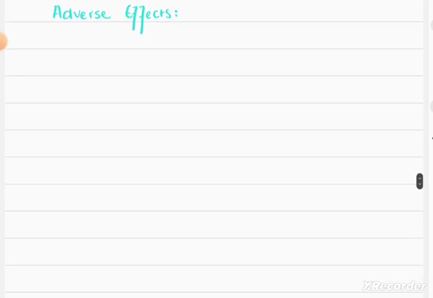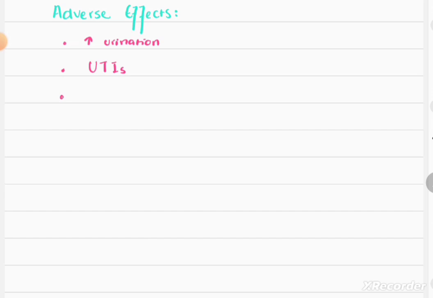As we have studied, they will increase the excretion of glucose, so there will be increased urination. This is the first side effect, and we can understand it by the mechanism of action. It also increases the rate of urinary tract infections, so there will be an increased number of UTIs.